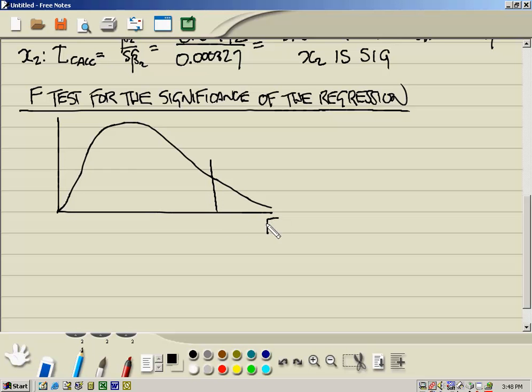So this is an F with certain degrees of freedom. The F test that we'll do will always have the alpha in the upper tail, and the test is such that if you get below that, whatever you're testing in the null is insignificant, and whatever you're testing in the alternate is significant.